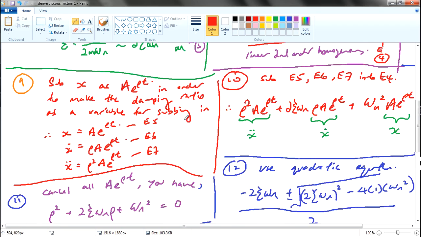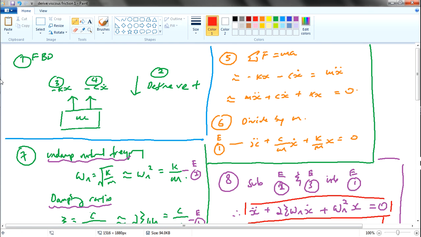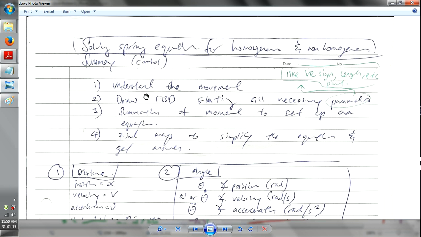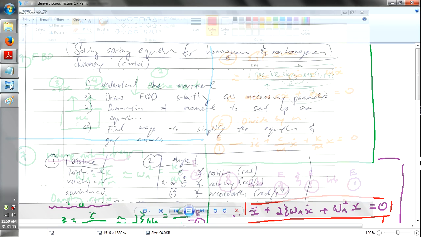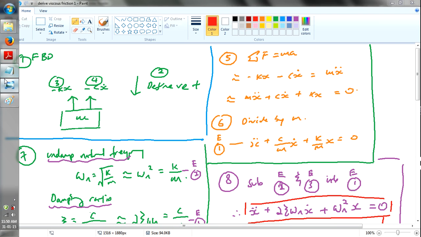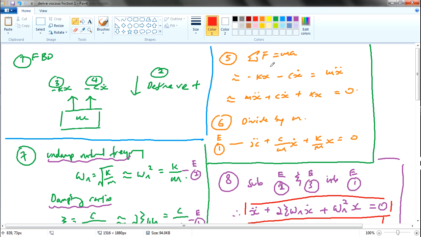Okay, just to summarize before I end this video: at first we understand the movement, and then we draw our free body diagram that states all forces acting on the mass itself. Then you do an equation, summation of forces or moment, depends on the situation, now it is forces.